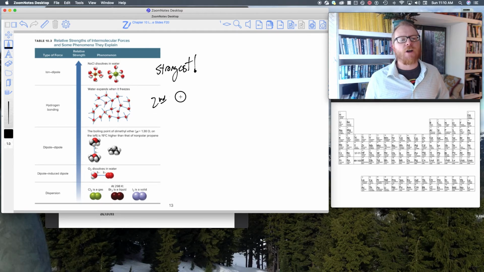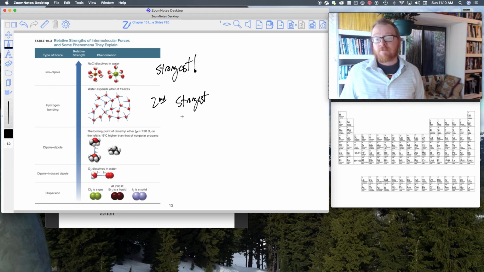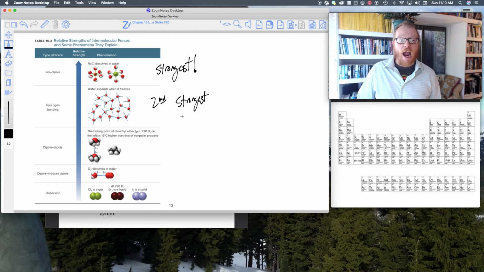So I just want to use this chart to talk about order of strength. Okay? Hydrogen bonding is the second strongest. And in the absence of any ions, hydrogen bonding will be the strongest, right? If you're talking about systems where there are no free ions, hydrogen bonding is usually the strongest. Okay? However, of course, if we have ion-dipole interaction, that wins out.